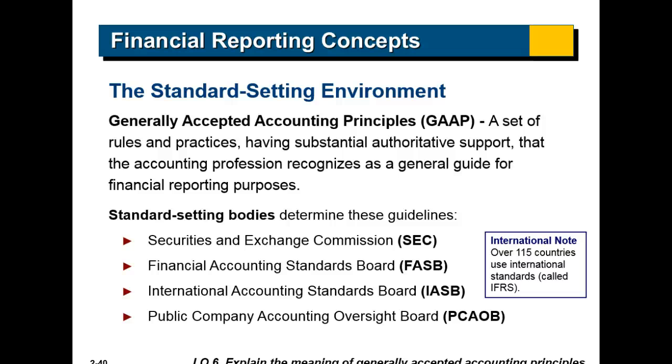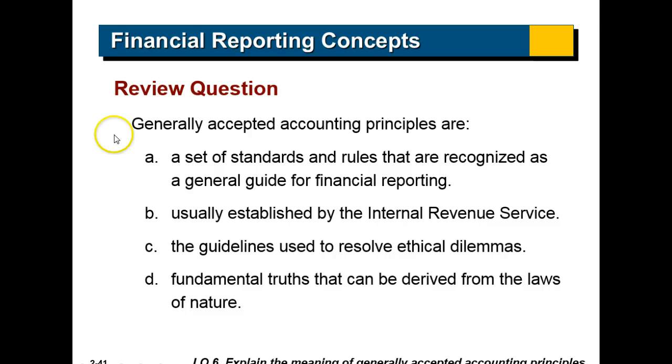We have to record our inventory at the lower value of cost or market. So if the inventory has declined in value, we have to adjust our inventory, not to show what we bought it for, but what it is really going to go for in the market, lower of cost or market. There are all these things we're going to talk about, but they're guidelines called generally accepted accounting principles.